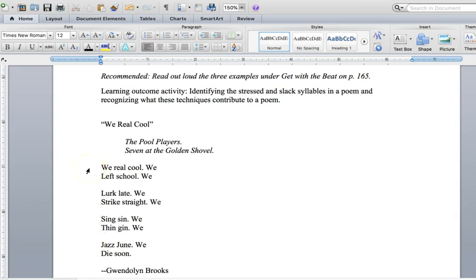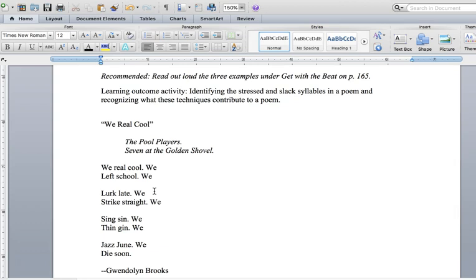Now we might ask, why does she end each line with we? We real cool, we left school, we lurk late, we strike straight. Well, part of that would be to emphasize the group nature of these young men hanging out together playing pool, the emphasis on the group identity.